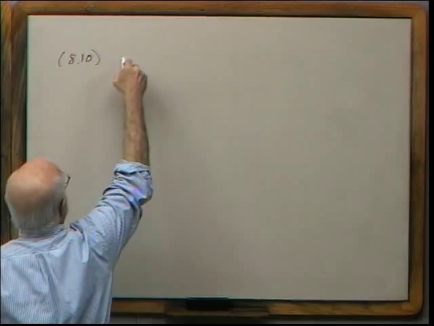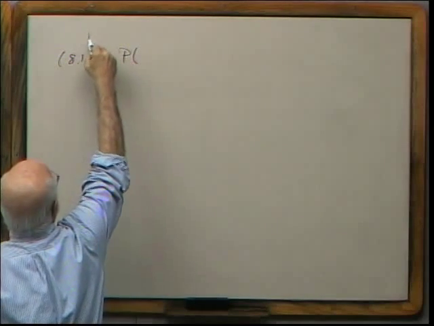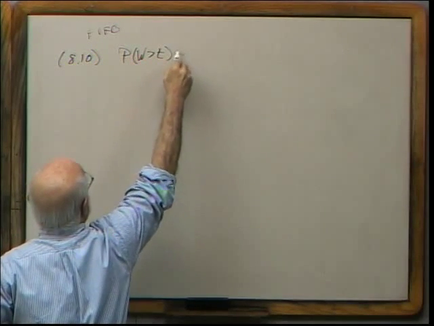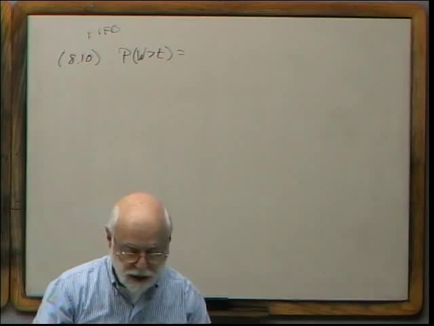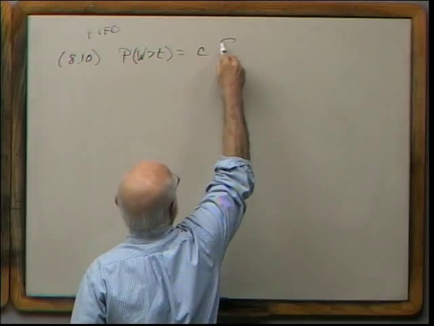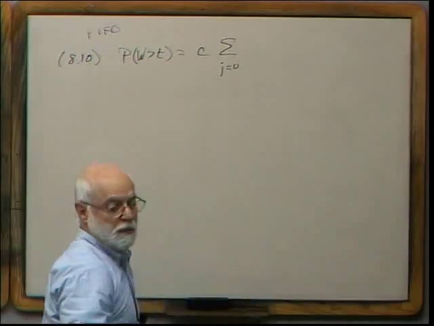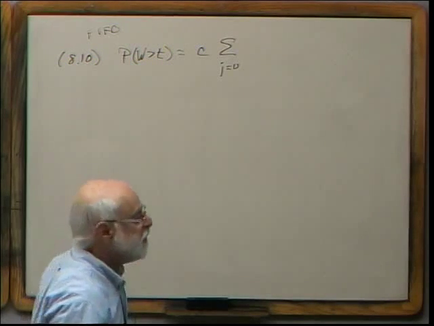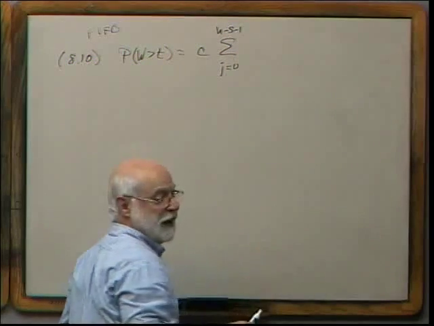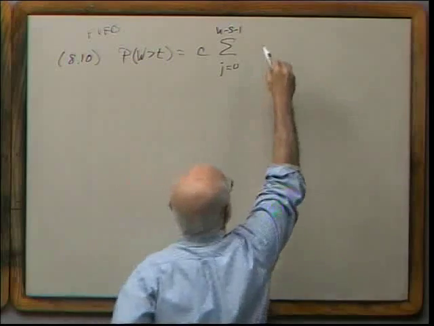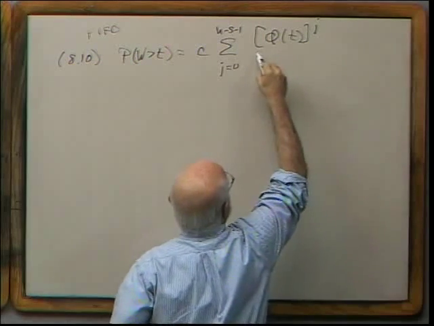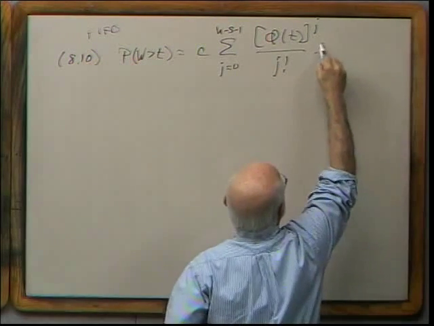The probability that, with FIFO, of course I'm talking about FIFO service here, you wait longer than t is given by a constant times the summation as j runs from 0 to n minus s minus 1. And then inside there you have something like this: phi of t to the j over j factorial, e to the minus phi of t.